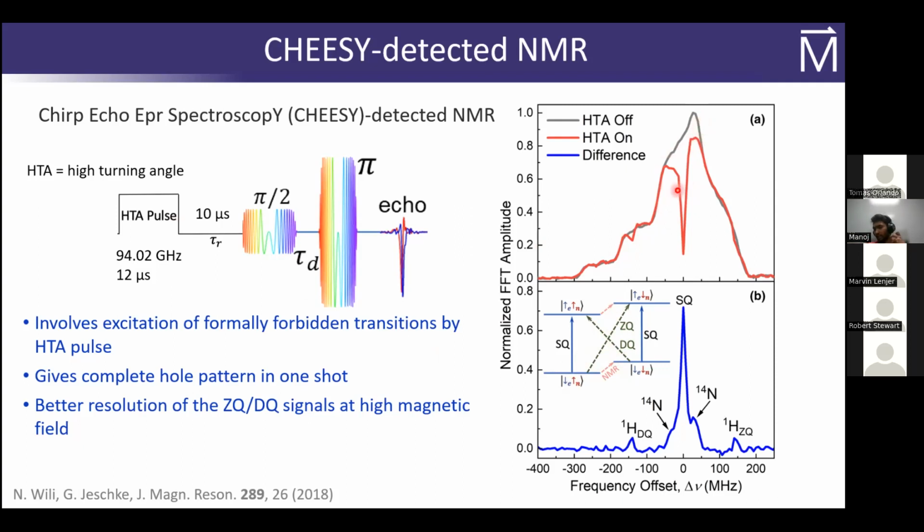And if we take the difference between these two spectra, we obtain what we obtain from LDO detected NMR, which is quite similar. So what we observe here is the weak hyperfine coupling. These peaks around 150 megahertz correspond to the hydrogen, and the peaks around 10 megahertz correspond to the nitrogen.